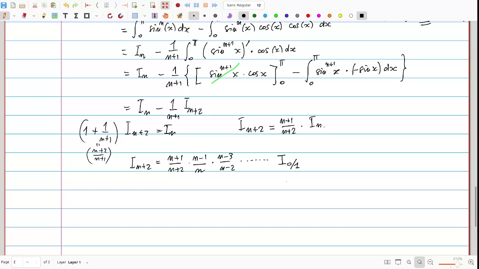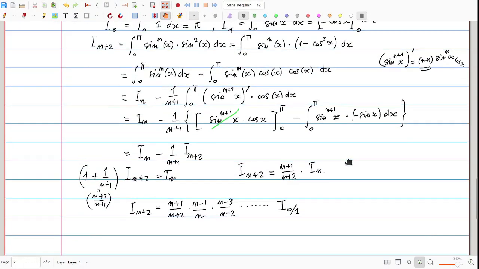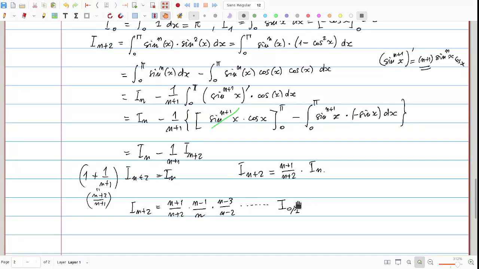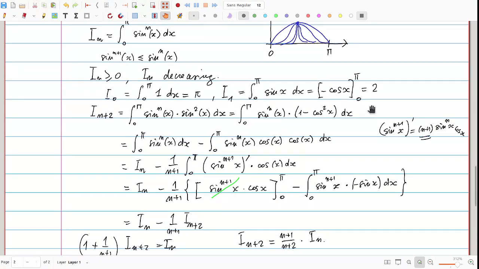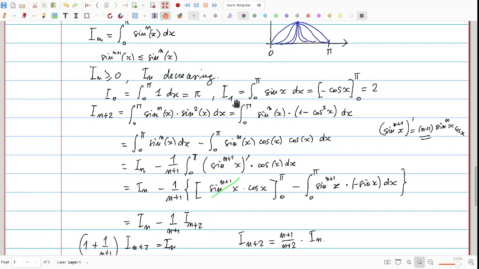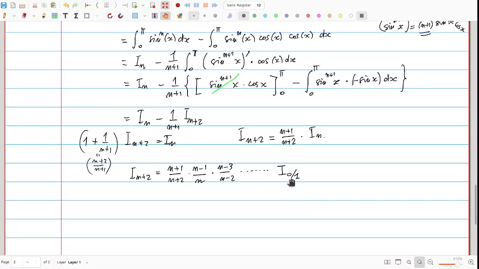And this is very, very nice, very strange and very nice, because I0 is pi here, while I1 is 2. So we get two very different last terms, one involving pi and the other one not involving pi.